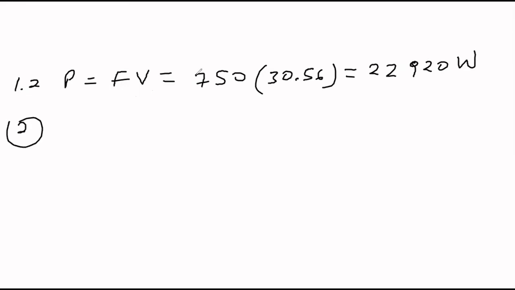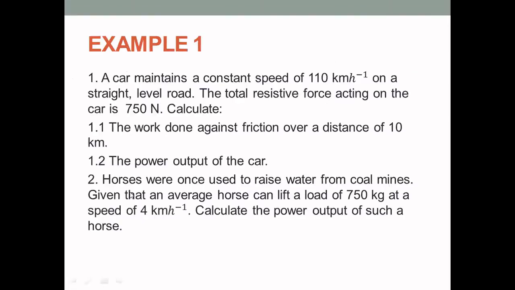Okay, question number 2. Let's go back to the notes. Horses were once used to raise water from coal mines. Given that an average horse can lift a load of 750 kilograms at a speed of 4 kilometers per hour, calculate the power output of such a horse.